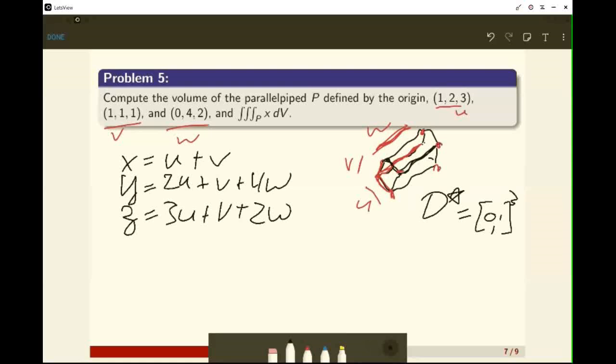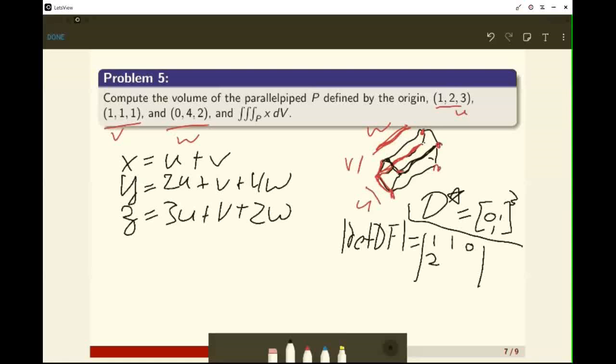But first, if we think about the absolute value of the determinant of our change of variables matrix, we're taking the absolute value of the determinant of, first row is going to be partials of x, and so partial x with the u and with the v is both 1. We get a 0.